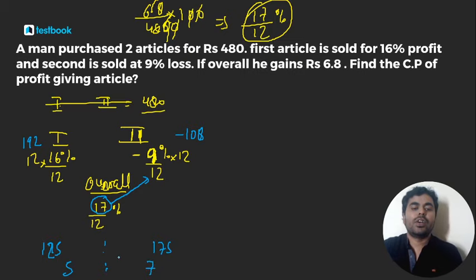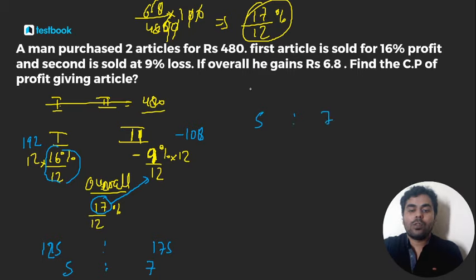So 5:7 is the ratio in which we have to distribute the CP, because we are writing profit and loss percent, and as I have told you, whenever there is percentage in the components and mixture, the ratio we get is of the cost price. So here we have got the ratio of 5:7.